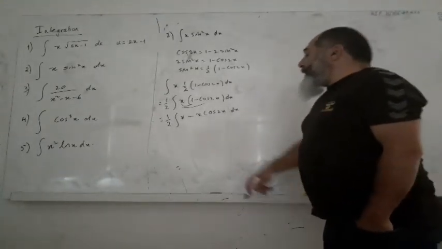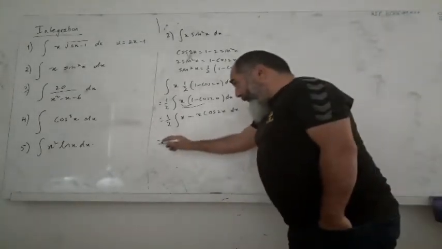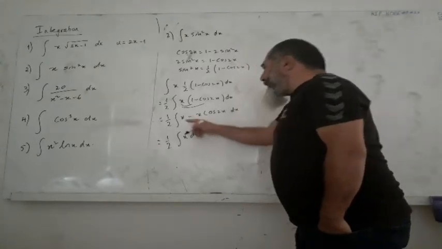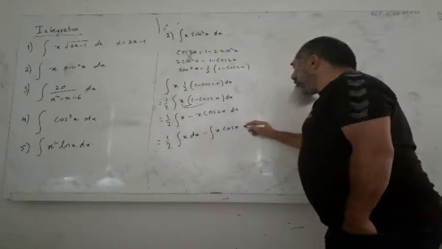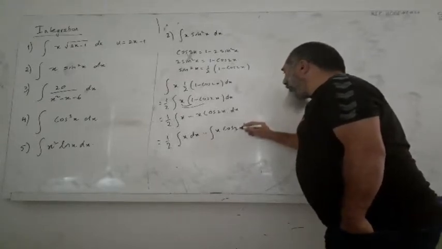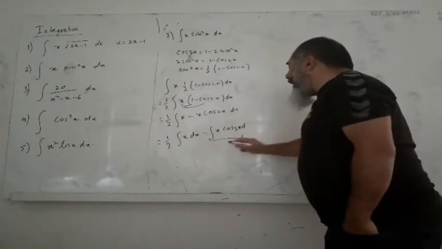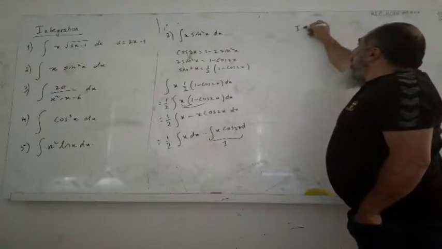So I am going to separate the integrations for two different cases. This is x cosine 2x dx. Let's call that one I. So I is equal to the integral of x cosine 2x dx.